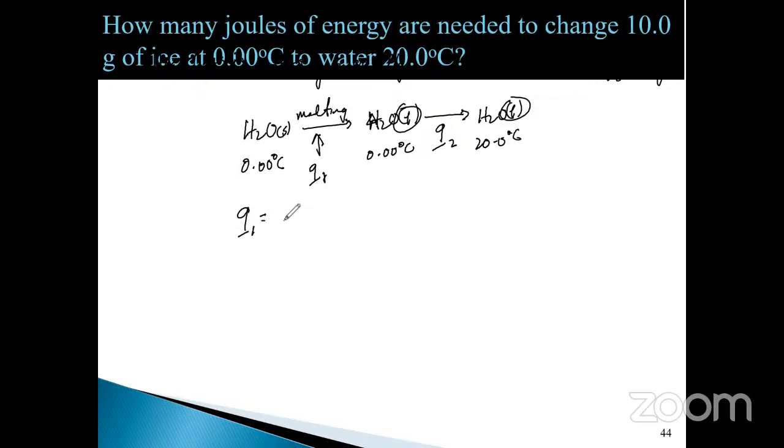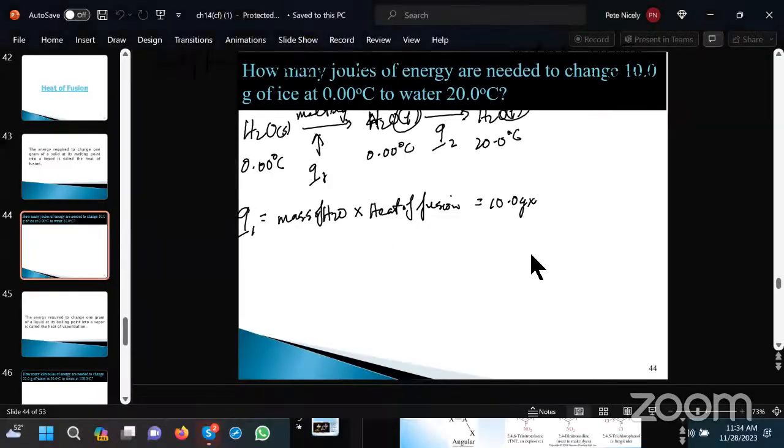Q1 would be equal to the mass of ice times the heat of fusion. So we take the mass, which is 10.0 grams, multiplied by the heat of fusion, which I wrote here. What was the value again?